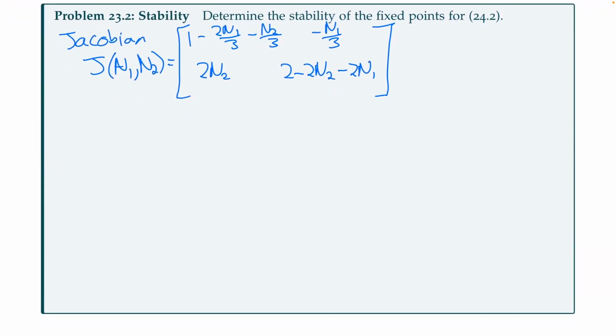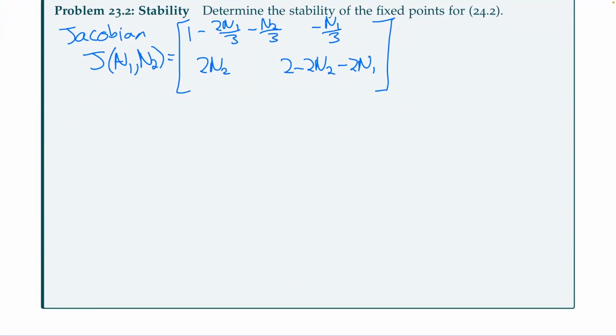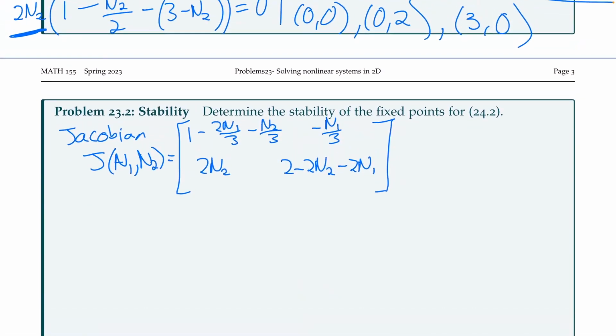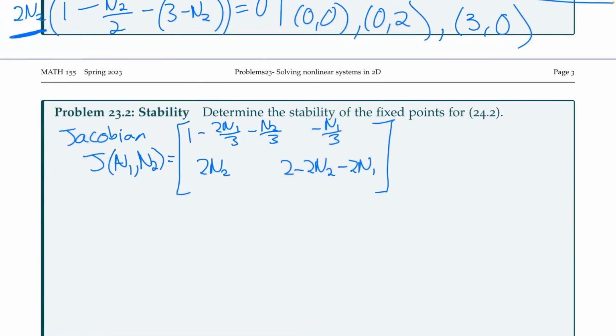To find the stability at each of our fixed points, we substitute in the n1, n2 values we found above, and then either read off our eigenvalues or calculate our trace and our determinant and work out the stability from those.